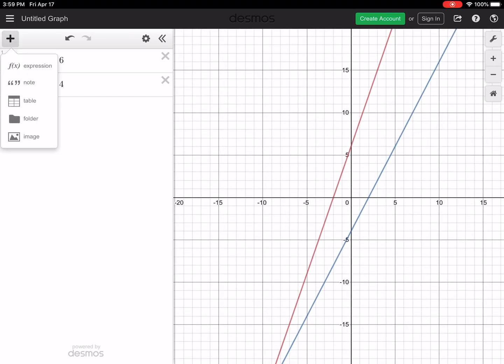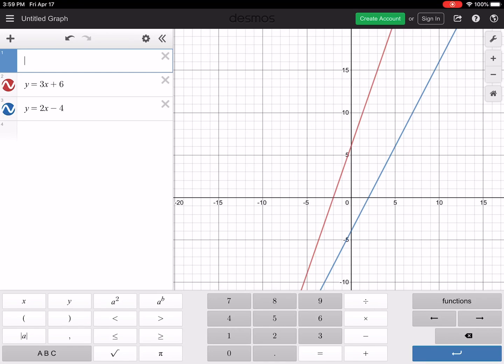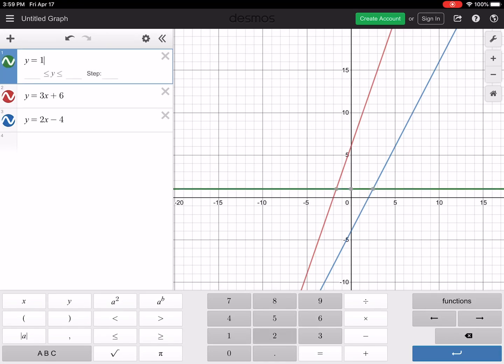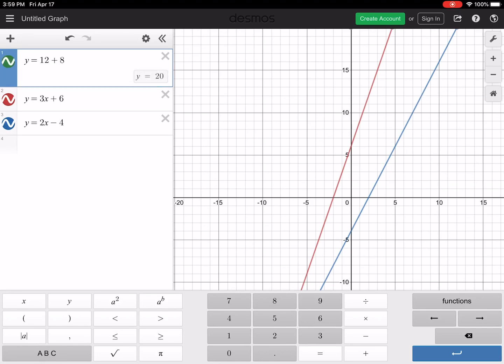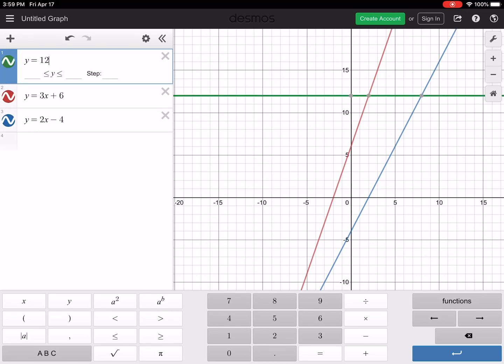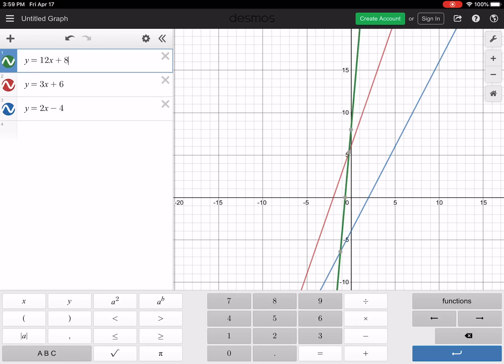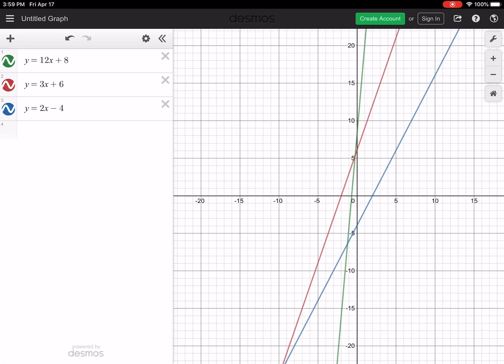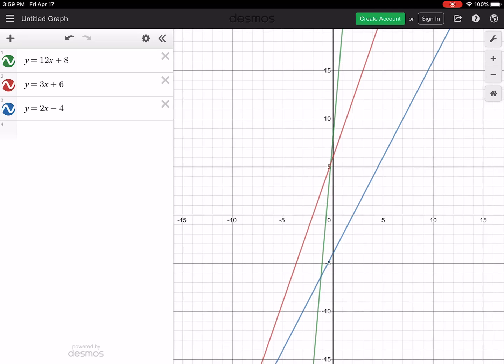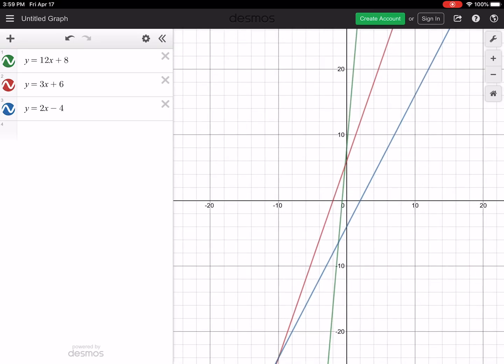If I make another expression, I could have y equals 12x plus 8, my bad. So let's do that, 12x plus 8. And again, you'll notice that this green line has a different slope. But all of these are linear equations. They're making straight lines on this graph, the x-axis and the y-axis.